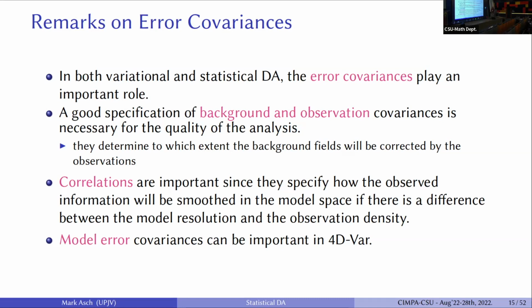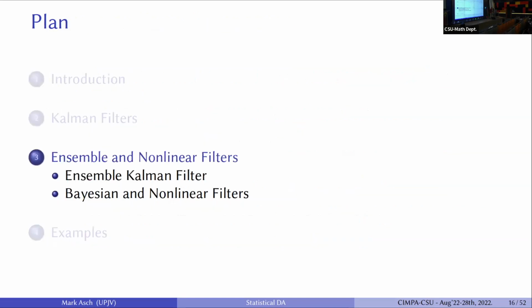The correlations are important because they specify how the observed information will be smoothed in the space of the model if there's a difference between the model resolution and the observation density. And the model error covariances can also be important, just as they are in 4D-Var. So there's a lot of work to be done.